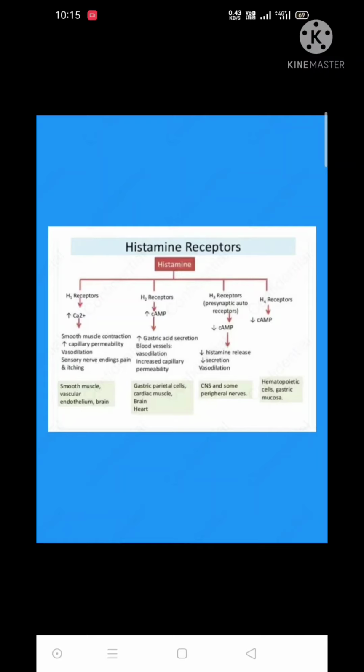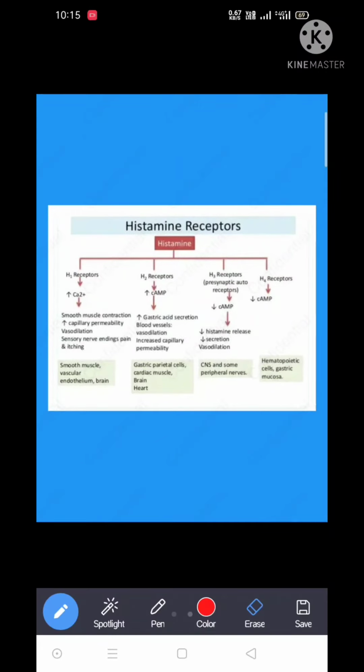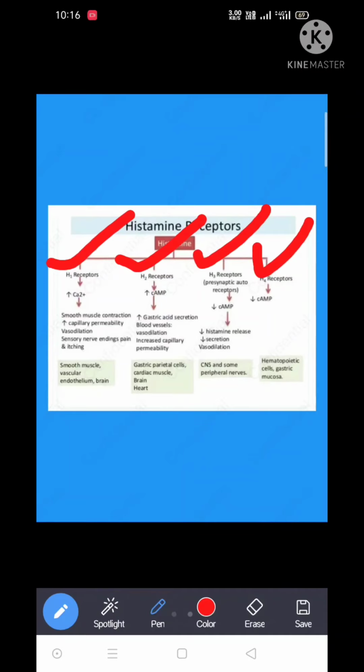Okay, let's move forward. This is about the histamine receptors. The histamine receptor is of four types. First one is H1 receptor, second one is H2 receptor, third one is H3 receptor, and the fourth one is H4 receptor.